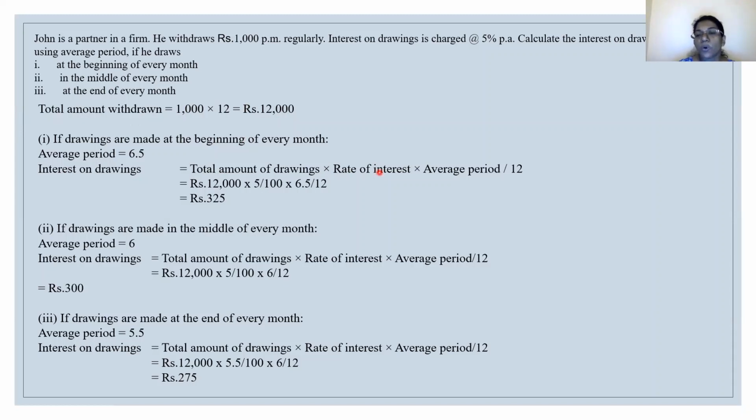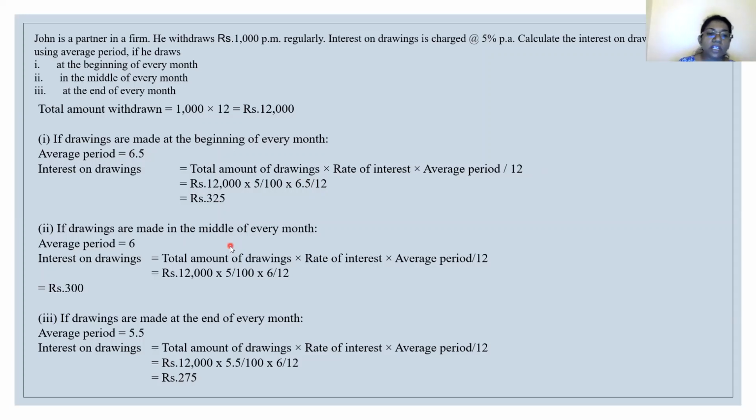And finally, we consider the average period and divide it by 12 because we are taking the monthly interest. So here, in the first one, we know that the average period is 6.5. So for the equation, we substitute 6.5 and divide by 12. So we get the interest on drawing as rupees 325.